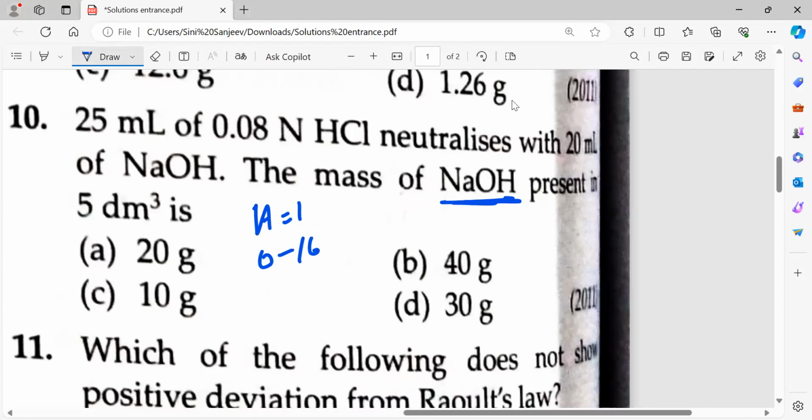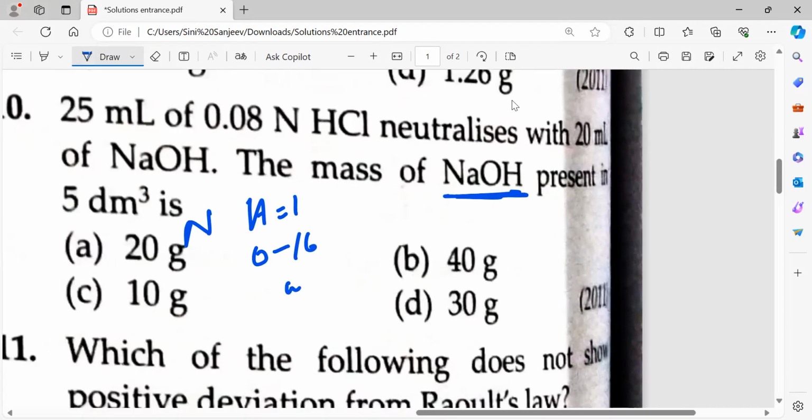What about my sodium? 23. Very good. If you add everything, I'll be getting 40. It's actually 39.999, but we'll take 40 for easy calculation. So I hope it's clear.